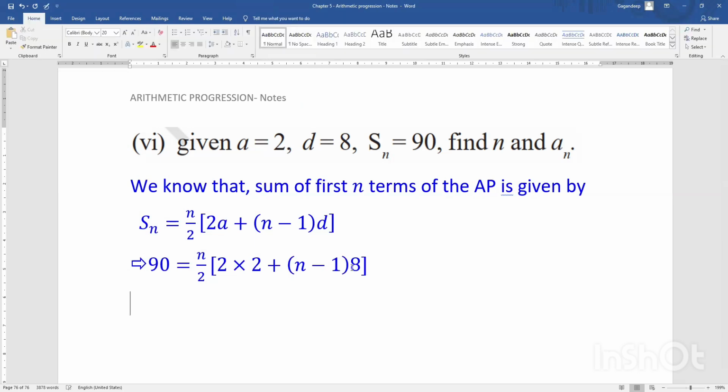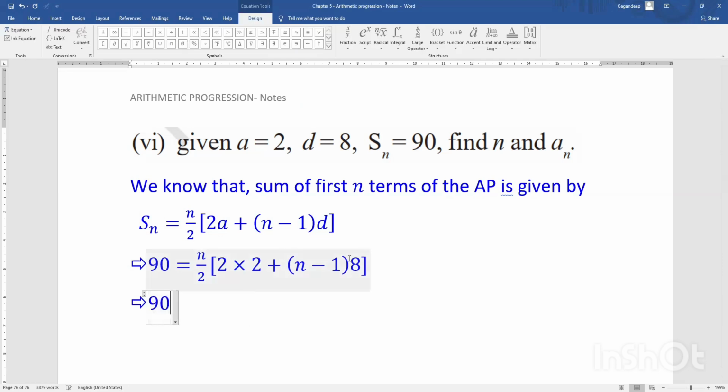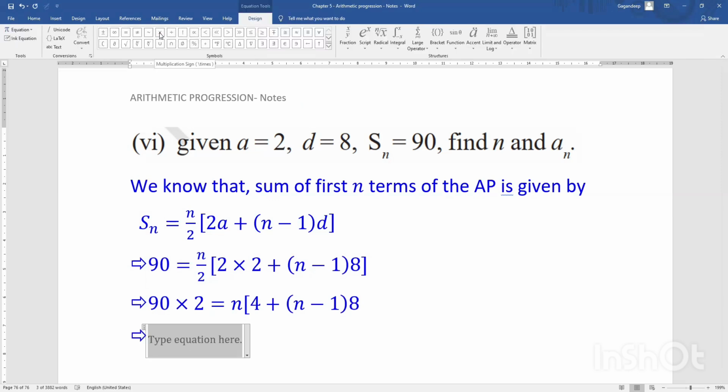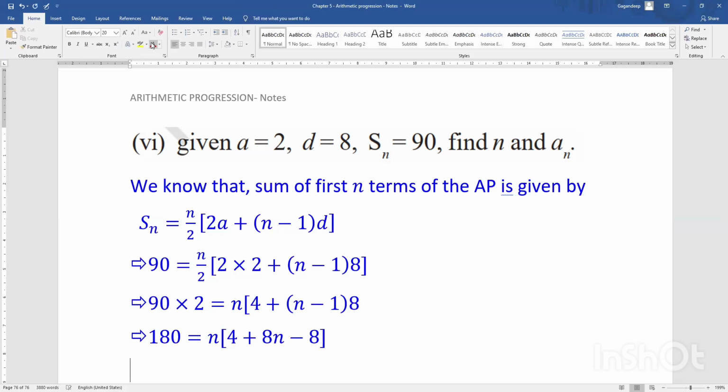Or in my next step, I can do cross multiplication. So you get 90 into 2 equals N into bracket open, 2 2s are 4, 4 plus N minus 1 into 8. 90 into 2 is 180. So 180 equals N bracket open, 4 plus 8N minus 8 bracket close.